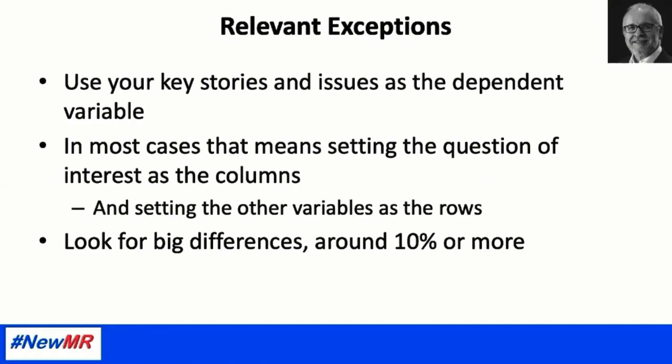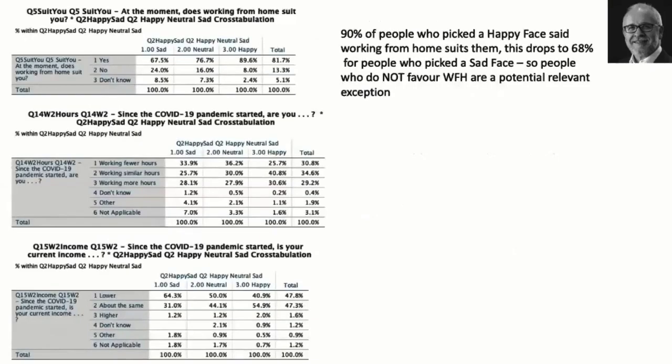Now, Geoff is going to show you an alternative, and I think a somewhat better way of doing that. But it means setting as the dependent variable the thing you're interested in, and then we're looking for big differences, around 10% or more. So I'm just going to show you briefly how I started that process looking at it in SPSS before handing over to Geoff.